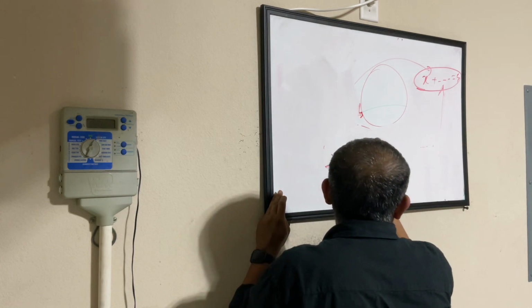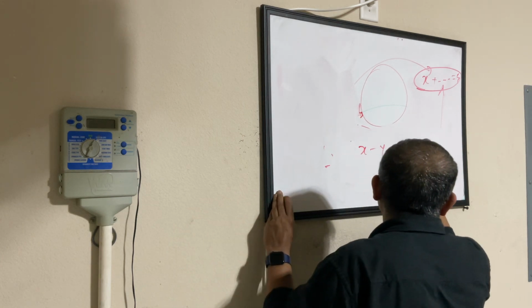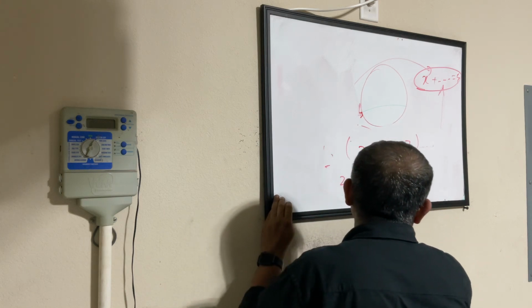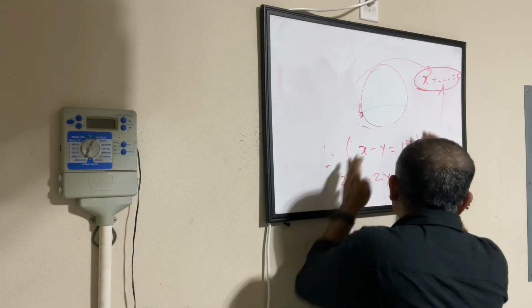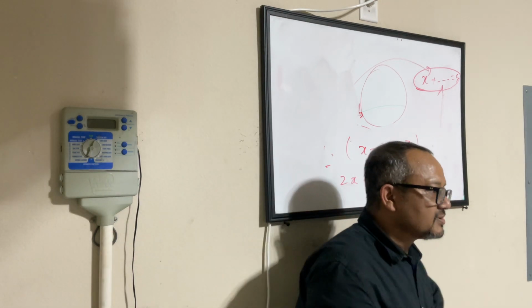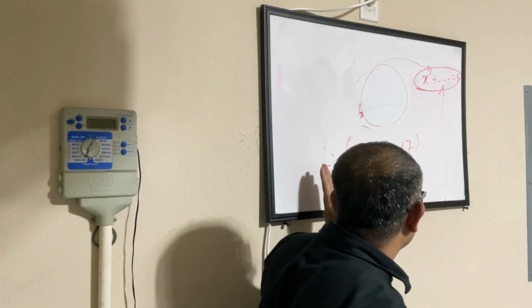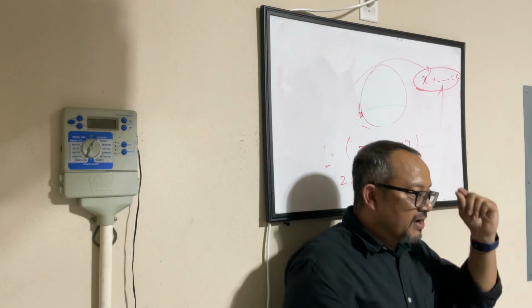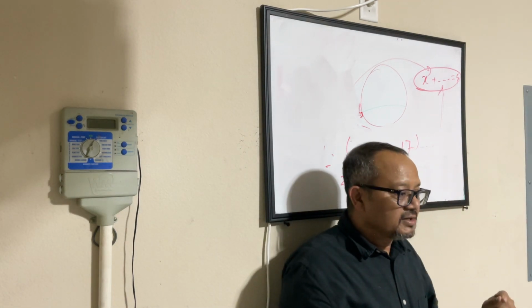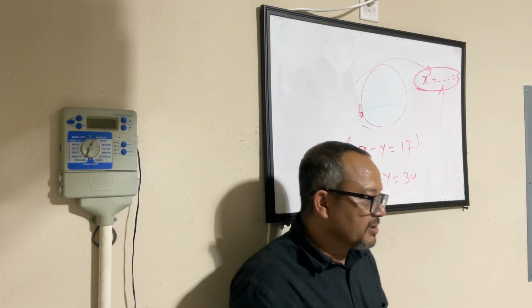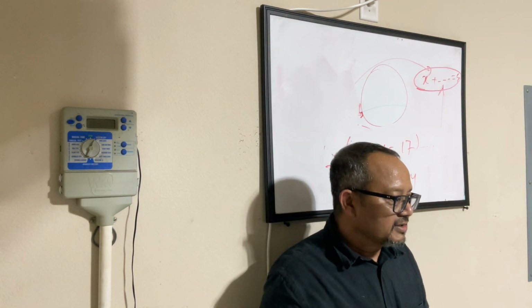If I have x minus y equal to 17, if I multiply everything by 2, it becomes 2x minus 2y equal to 24. Both are the same equation. So you can always choose to multiply or divide each and every term of the equation by one given constant, and that will not change anything for anybody. Nobody will get hurt, nobody will feel bad about it. Does that make sense?